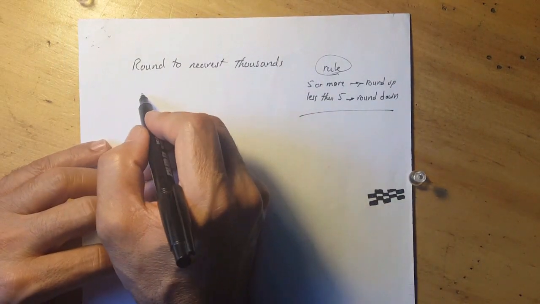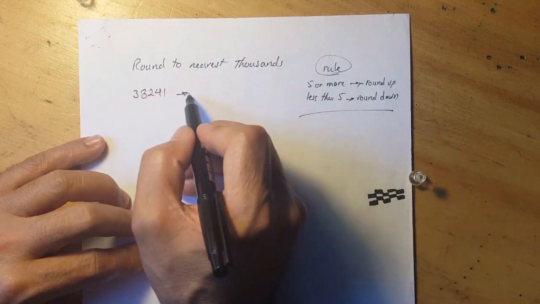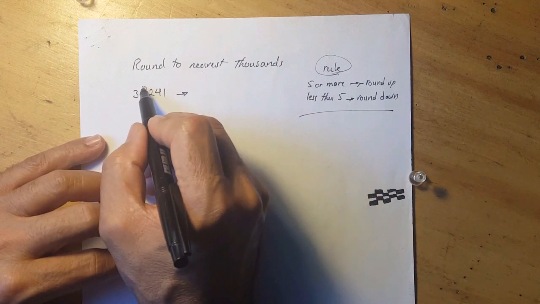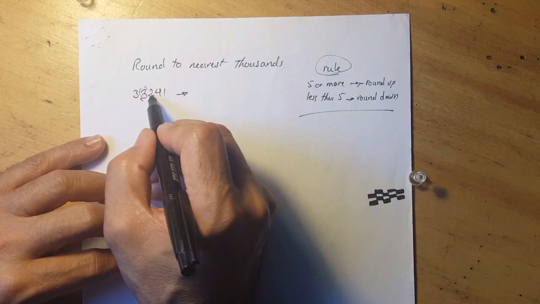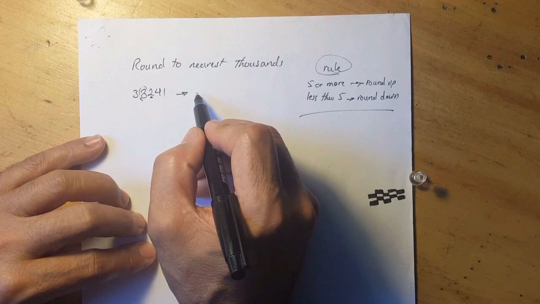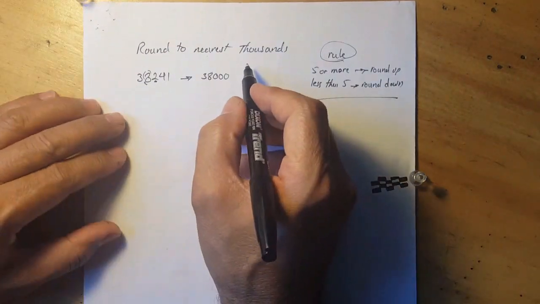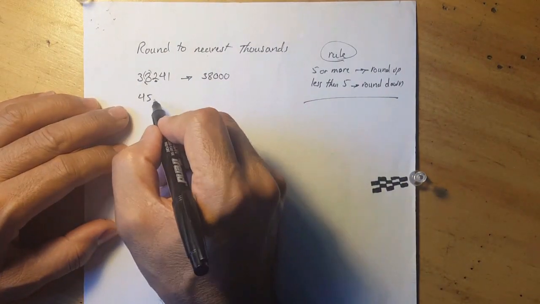What does it mean? We show it here. In the example 38,241, it's rounded to the nearest 1,000. So we look at the digit right next to it, which is the group of 100. Because it is less than 5, it's rounded down. So it's going to be 38,000.